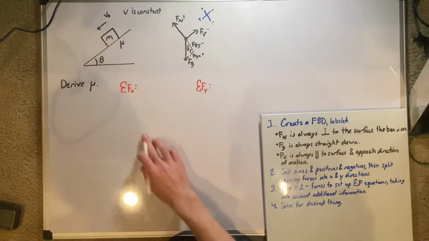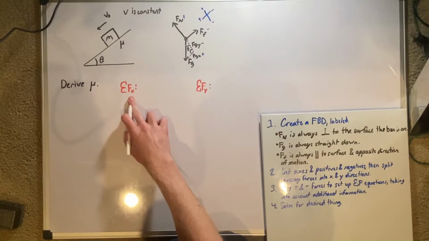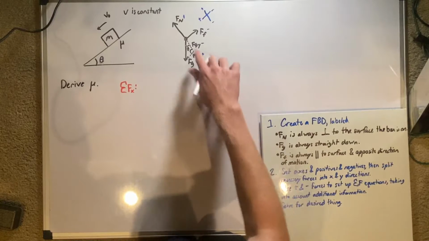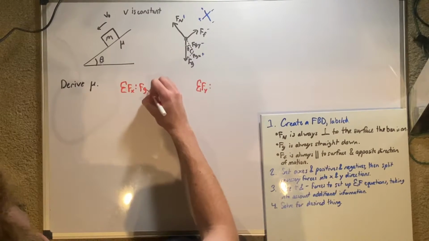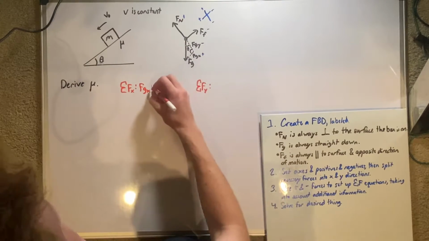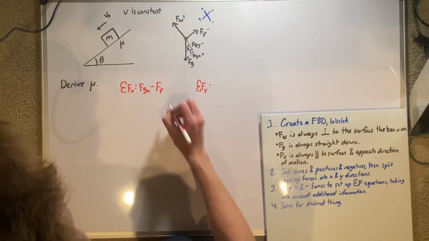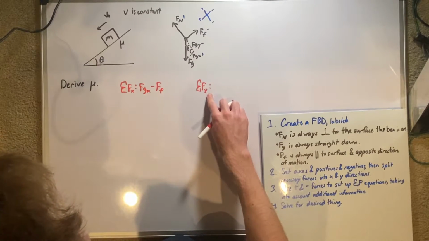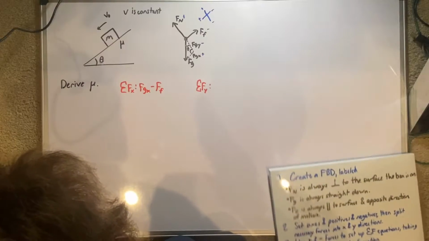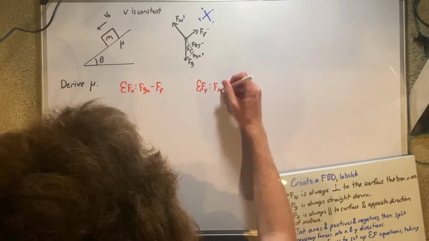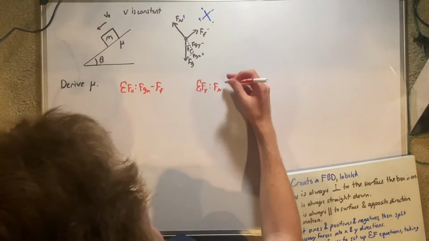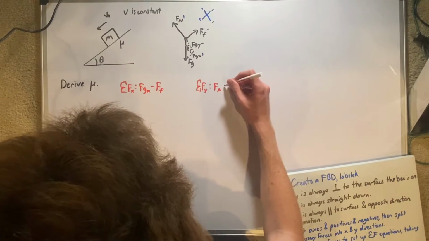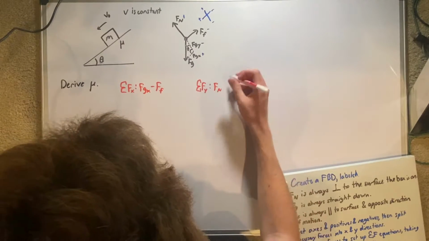Now, sum of forces in the x: the only ones that go sideways are our force of gravity in the x, which is positive, and our force of friction, which is negative. Okay, sum of forces in the y is only normal force, and then our force of gravity y, which is a minus, not a plus.